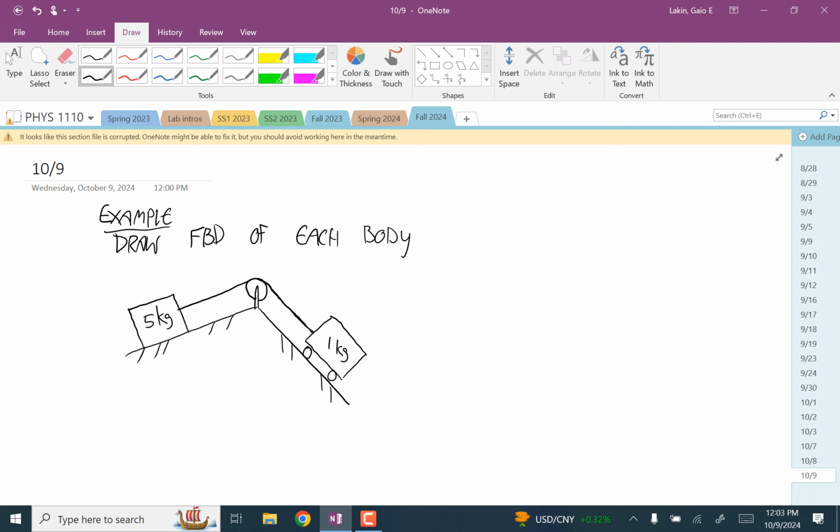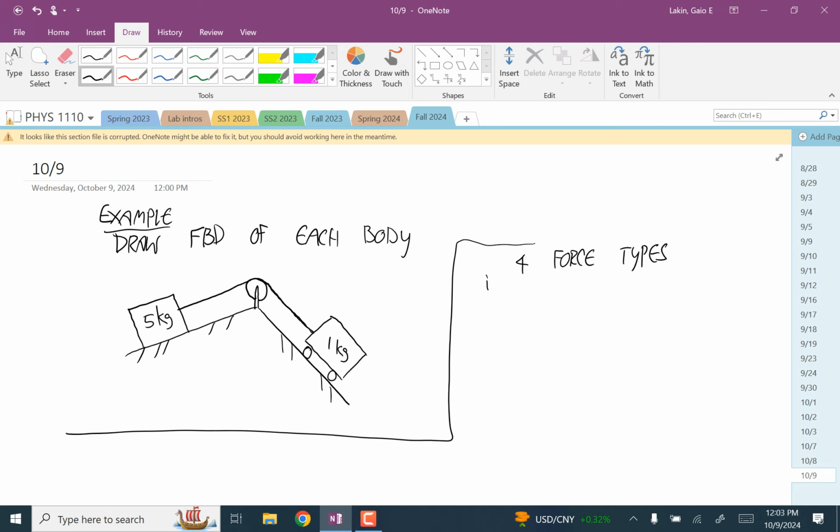Okay, so remember that there are 4 force types. And so with every force, you have to identify which of these types it is in order to draw it right on the free body diagram. The first one is kind of its own category.